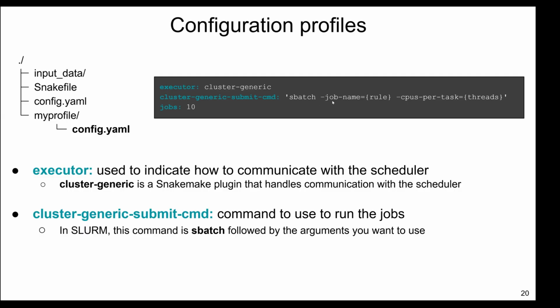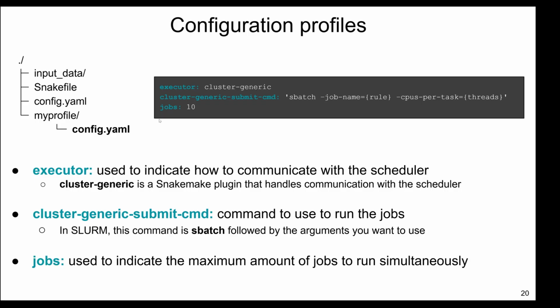Here, for example, we also add a name for each job and also the number of threads to use for each rule. And then there's the very important parameter I mentioned before: the maximum number of jobs that Slurm and Snakemake should run concurrently. It takes an integer as value.